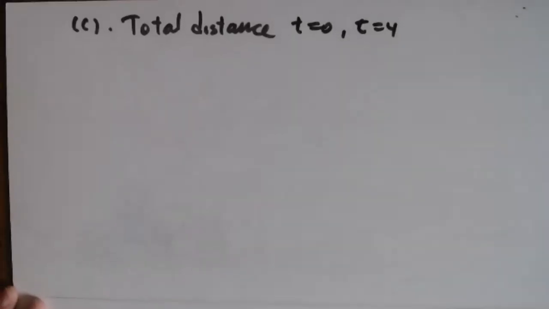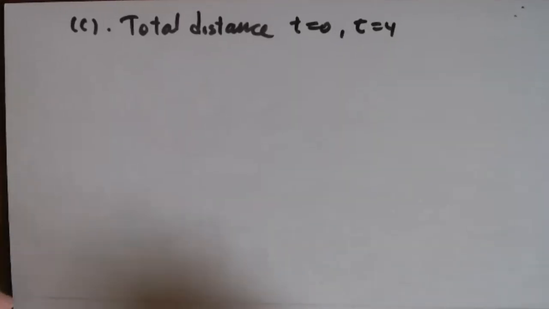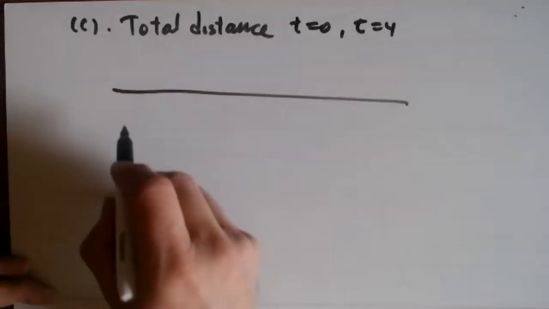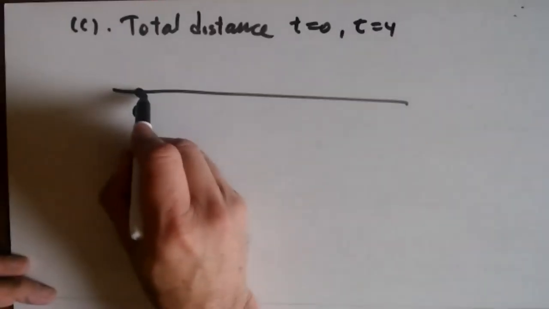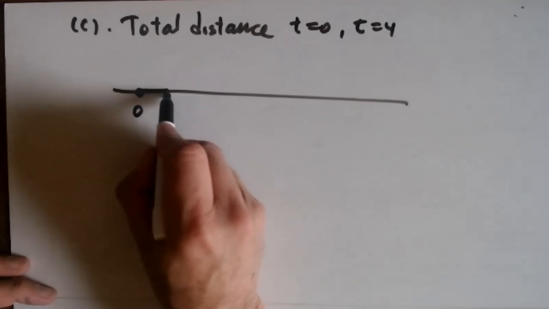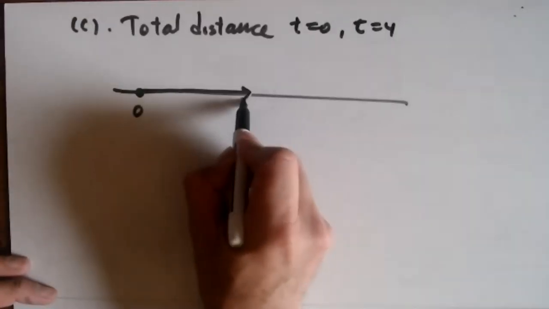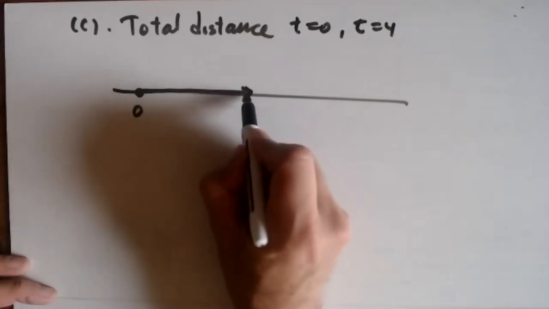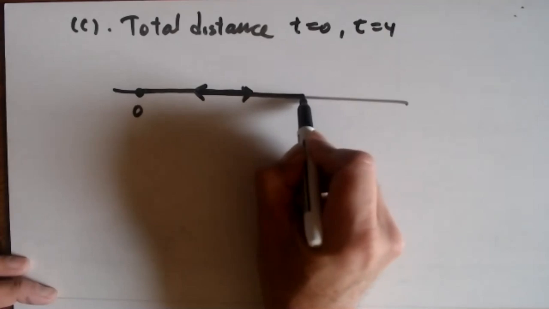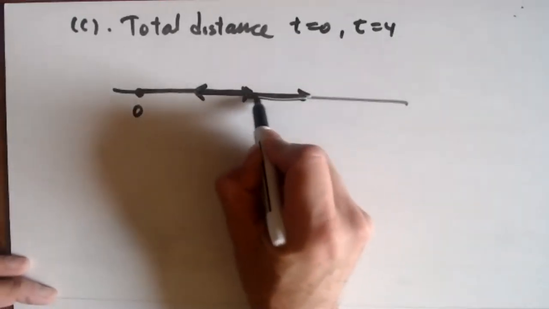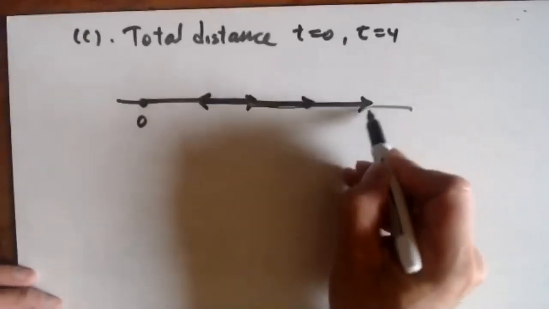This question is very important because if you remember how I was describing this one, the particle is going to move to the right from 0 to pi. Then it's going to return a little bit, and then move again to the right. Then return a little bit, and then to the right, and so on.